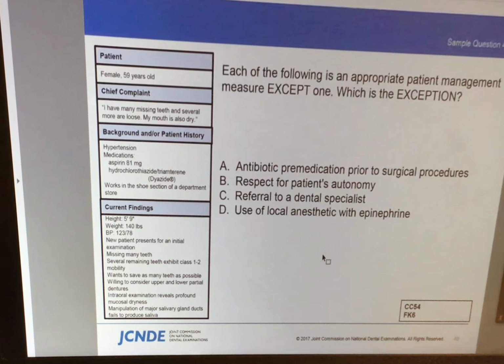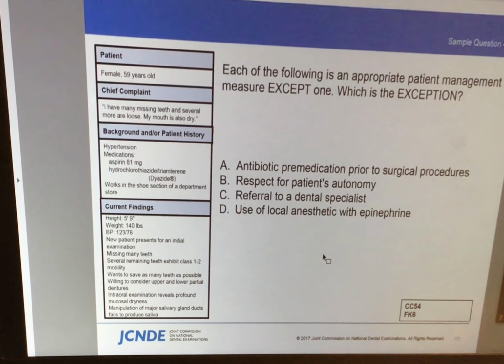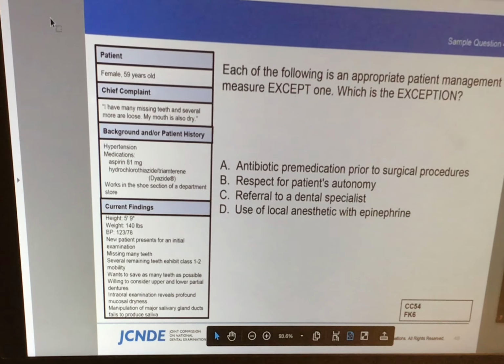You don't have to refer the patient unless it's wisdom teeth or something like that. Use of a local anesthetic with epinephrine. Yeah, patient has hypertension, so you can use epinephrine, but you can use a maximum of 0.04 milligram. Yeah, we won't have this question.